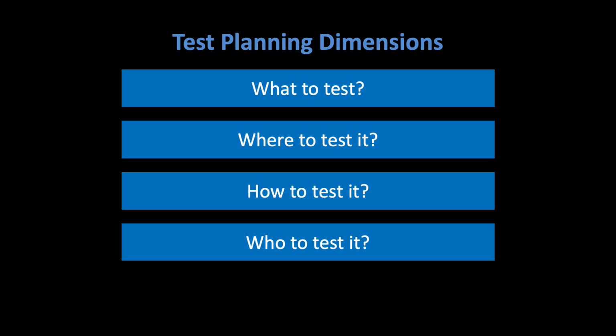Who to test. So you have to define whether a specific individual of the test team should test this, or if you just hand it over to the team and they decide, or also if it should be tested by an automation. It's also important to define that in this step.